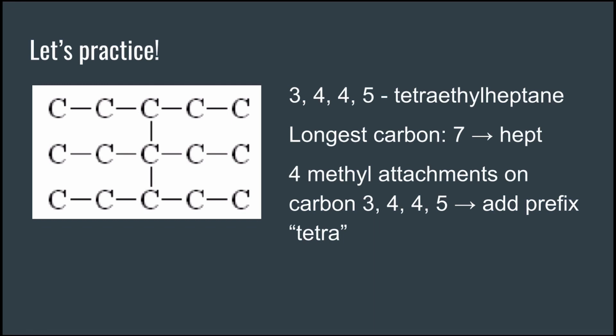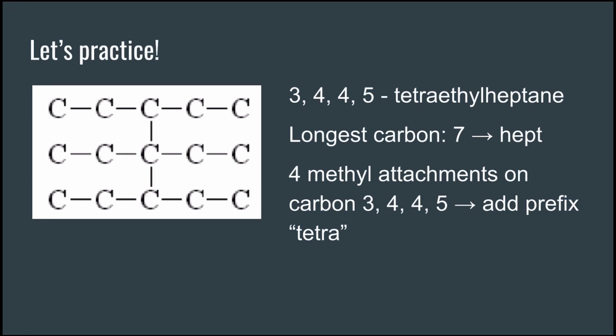We start from the bottom, up onto the top, and then back onto the right side. That gives us a 7-long carbon chain, meaning hept. And we know that it is all single bonds, implying that it is an alkane. So, hept plus alkane equals heptane.